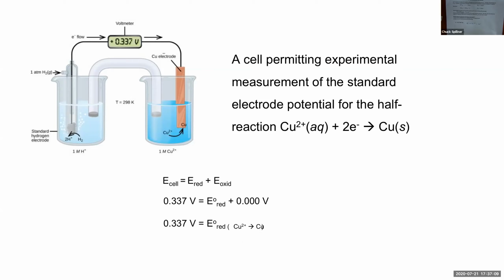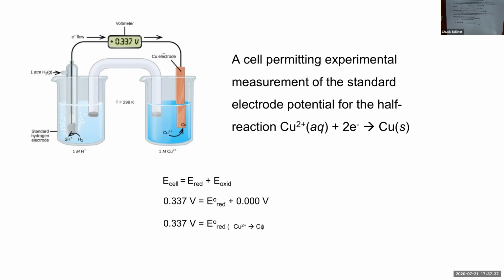If we flip that over and we wanted to find out what the oxidation potential was for copper, copper going to copper 2+, it would be E naught oxidation. It would be the opposite, it'd be minus 0.337. You just put a negative sign in front of it. Now, once you know copper, I think previously we saw copper and silver being reacted in a previous lecture.